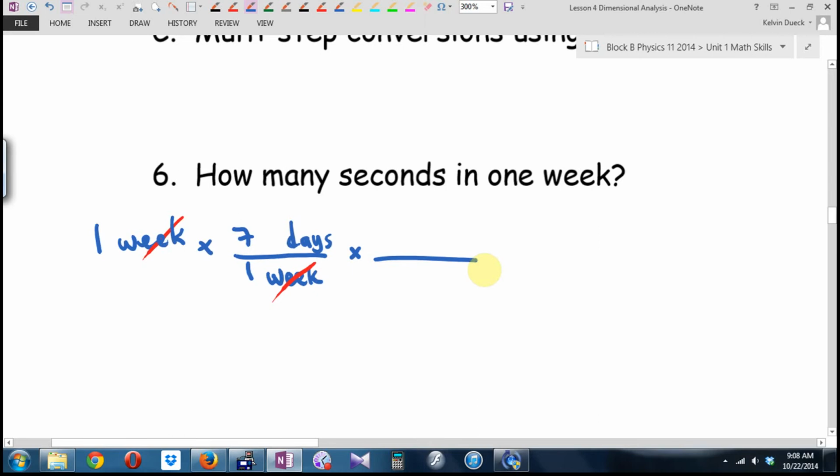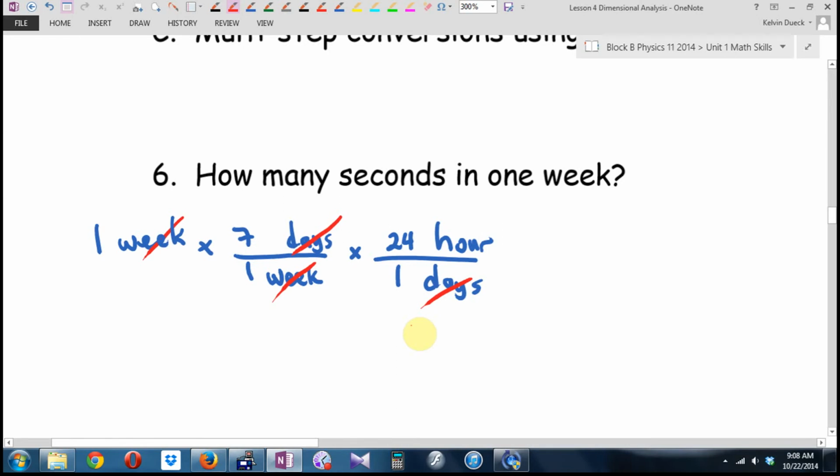On the top or on the bottom? Yep. What am I going to put on the top? And what was the conversion factor? 24 hours, 1 day. So what we're saying right now is if you wanted to go from weeks to hours, you'd go 1 times 7 times 24 divided by 1 divided by 1, although I wouldn't bother doing the ones on my calculator.